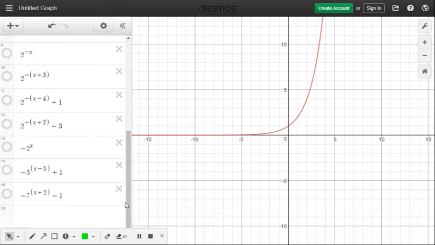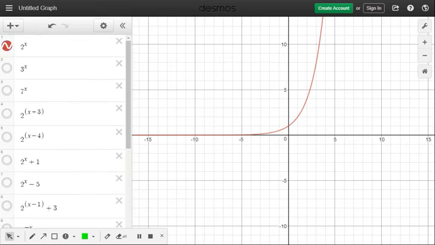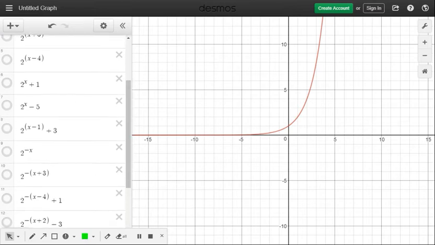So let's review. If there's a number with the x in the exponent, it's going to go either to the left or to the right. Now if there's a number after the x, outside the base, so plus 1, minus 5, that means that it's either going to go up or down.